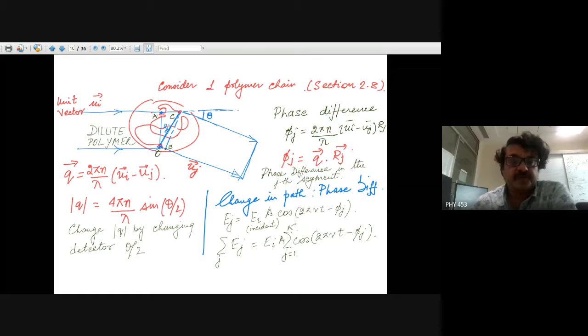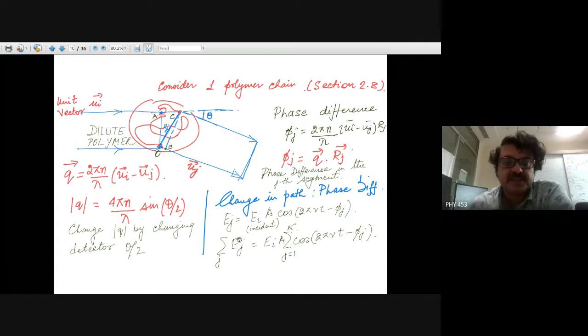Now if the light is coming, you have already seen that the scattered light Ej is dependent upon Ei, the incident light, times cos(2 pi nu t minus phi j), and scattering from different points, right?